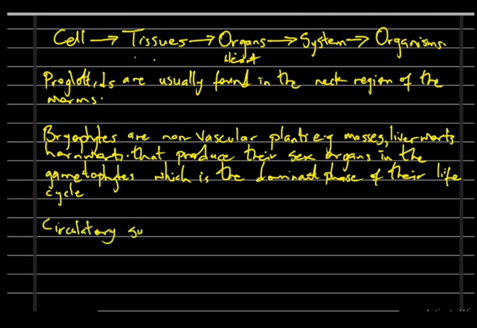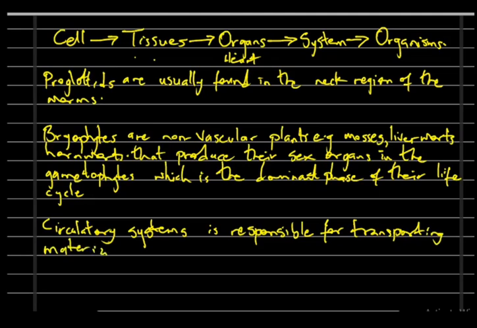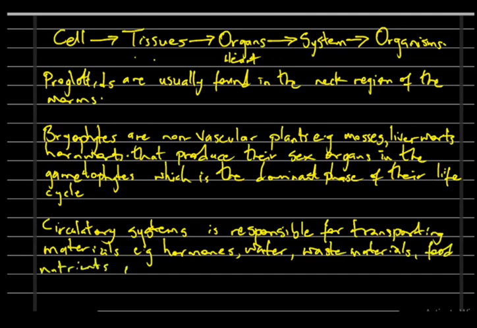Circulatory system is responsible for transporting materials, e.g., hormones, water, waste materials, food or nutrients, etc., across the body. So that is what the circulatory system is responsible for.